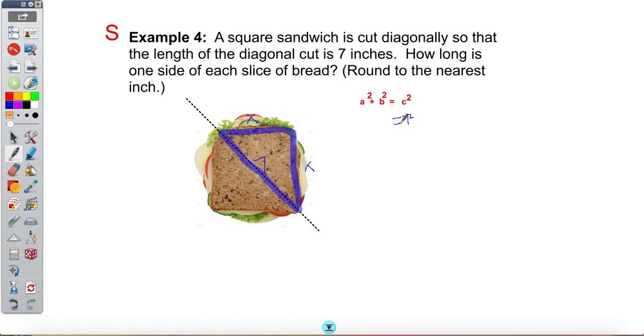So what we are going to do is say it's a squared plus a squared, since we know that they are the same length. And a squared plus a squared, by having them both be a, is going to help us out.